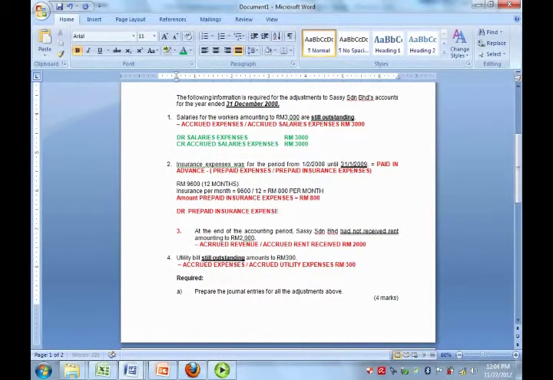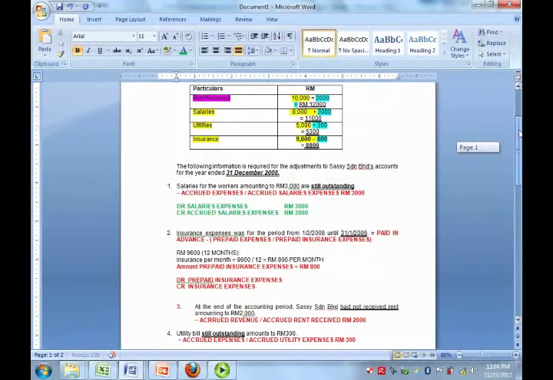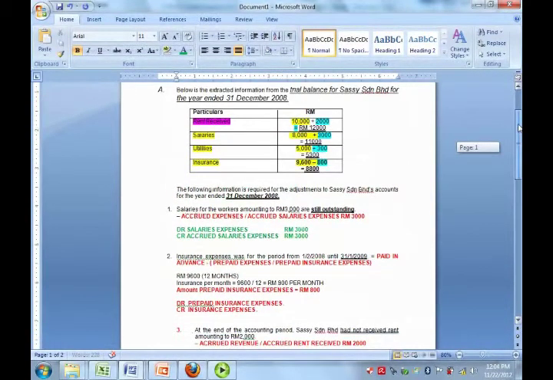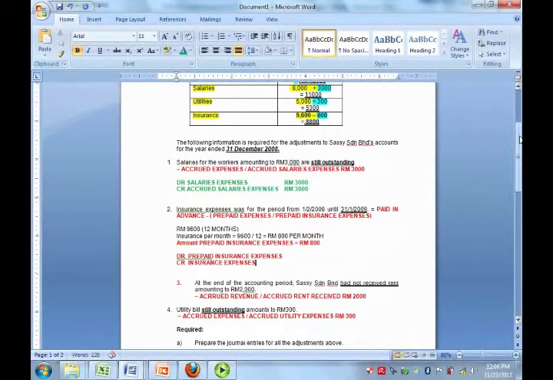Prepaid insurance expenses. Credit, the expenses itself, insurance expenses. You must credit the expenses because just now you have deduct, right? You deduct the amount from 9,300, you deduct 800. When your expenses decrease, you must put in credit side.